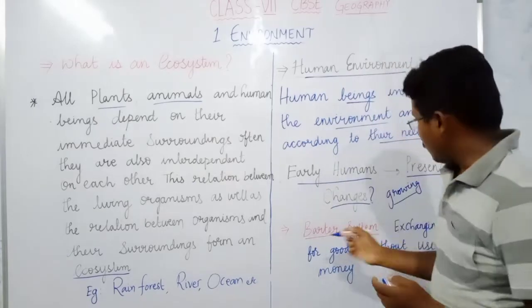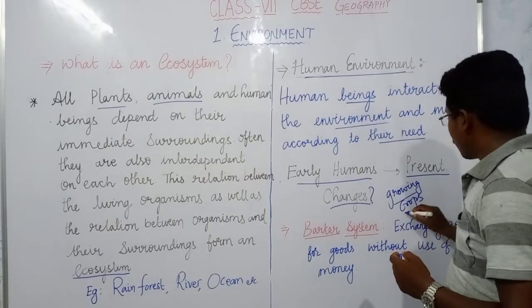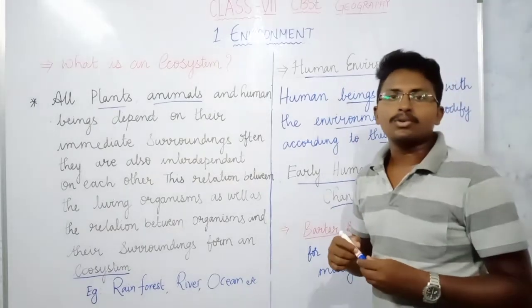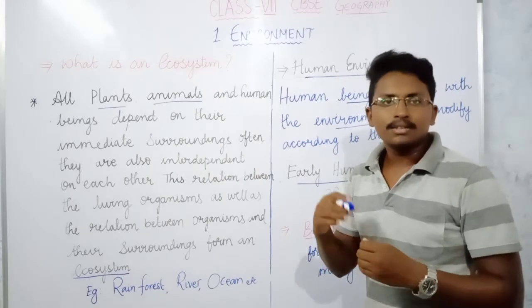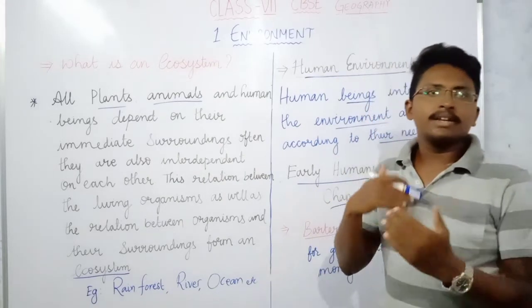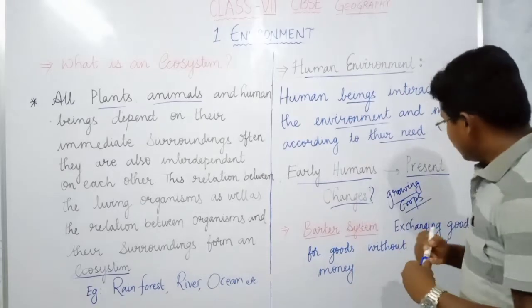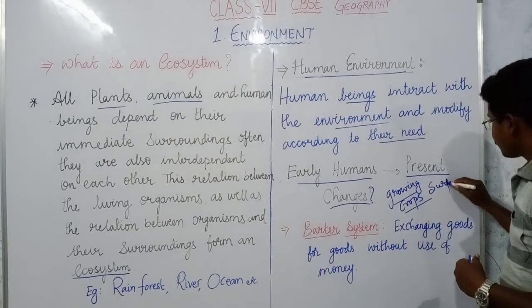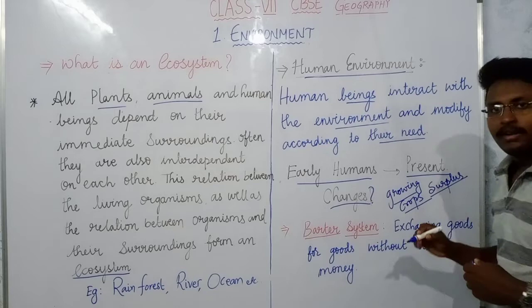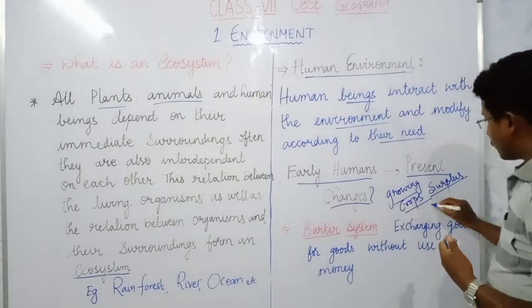Then after growing crops, they even started producing surplus. They did not stop there. They started inventing the wheel. After that, they even started producing surplus. Then even after that, they also brought industries.